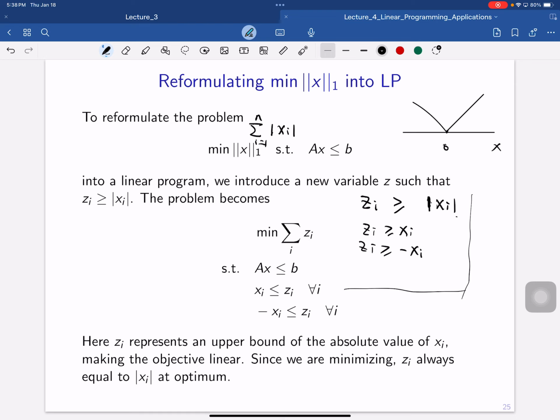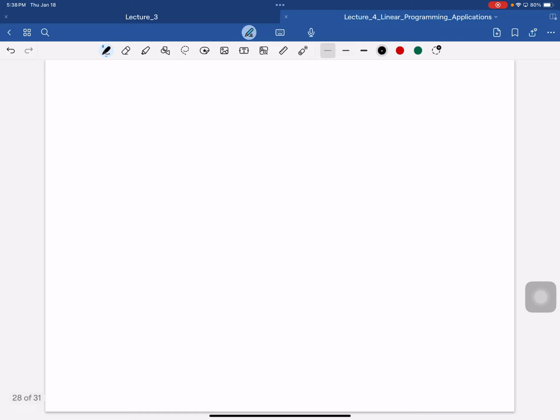Maybe now I can ask you guys a question. If I change this problem to a maximization problem, is this a linear programming representable problem? Let's say the problem is max over the one norm of x subject to Ax less than or equal to b.